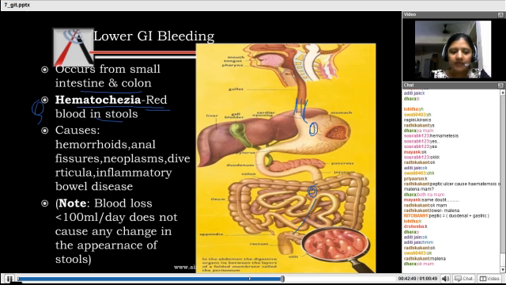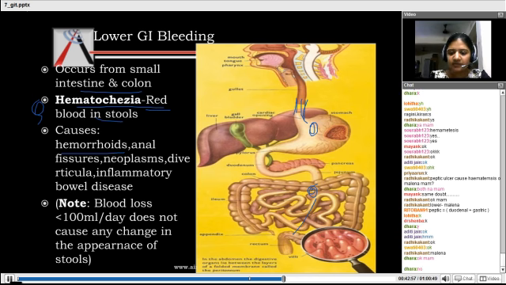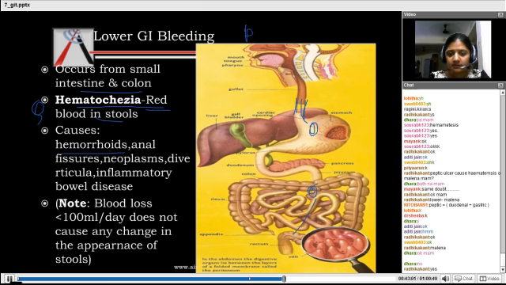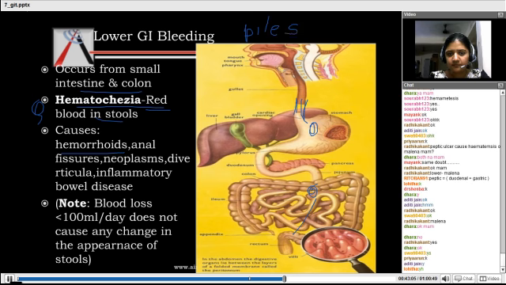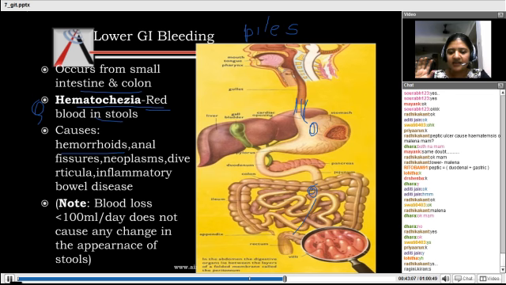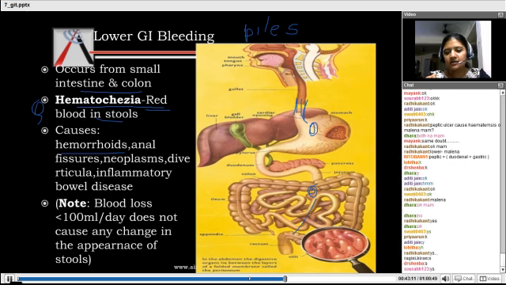Alright? And what could be the causes for such a condition? Hemorrhoids. All of you know what is hemorrhoids? The common term given for it is piles. Have you heard of piles? It's basically varicose veins in the blood vessels present near your rectum.